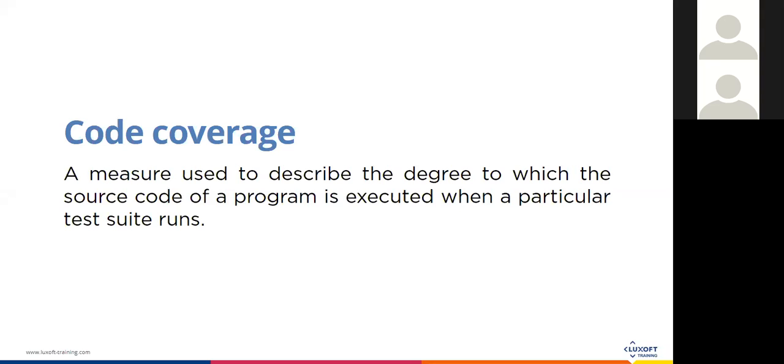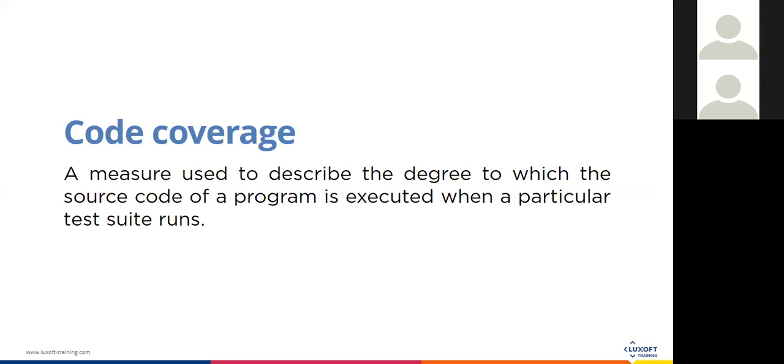So if we have some code that is written for 10,000 lines, and if we have only 1,000 lines that are checked by the tests, that will not be of big help. Only 10% code coverage.